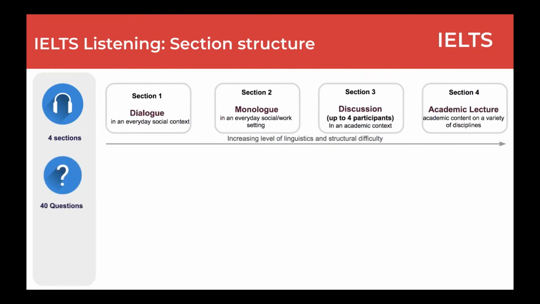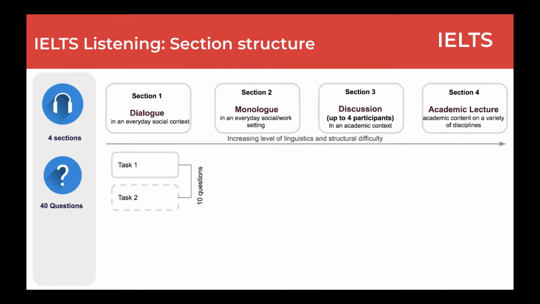So in general, the listening section has 40 questions, and there are 10 questions per section. However, these questions are organized in types of tasks. So for example, after the dialogue, you may be given 2 tasks. One task is in the form of a table completion, which will consist of 5 questions, and another task is in the form of multiple choice questions, for example, which will also consist of 5 questions.